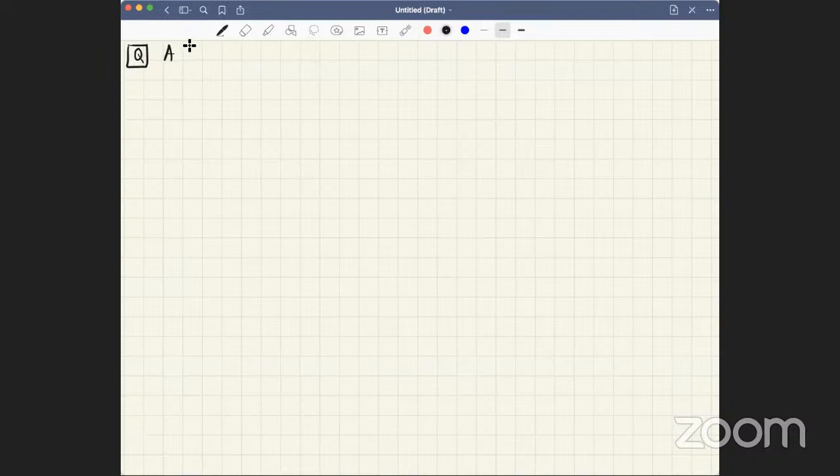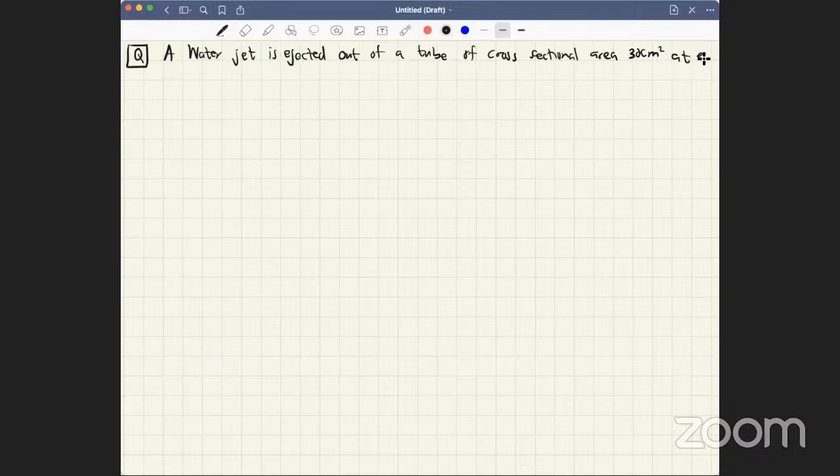A water jet is ejected out of a tube of cross-sectional area 30 centimeters squared at a velocity of, let's say, 5 meters per second.